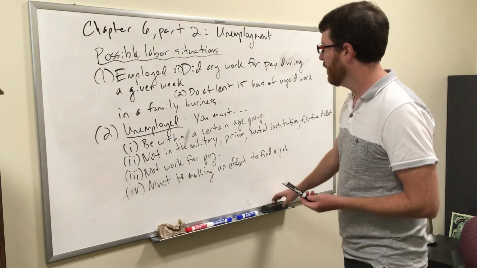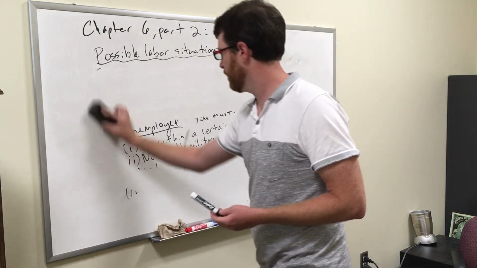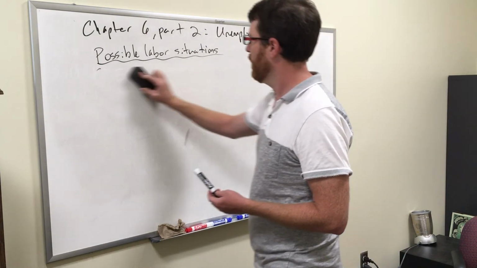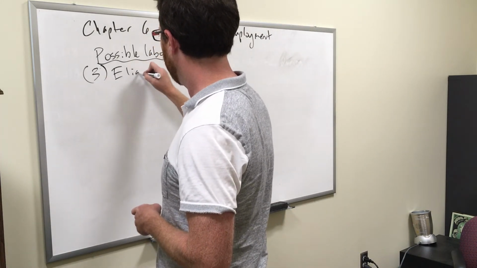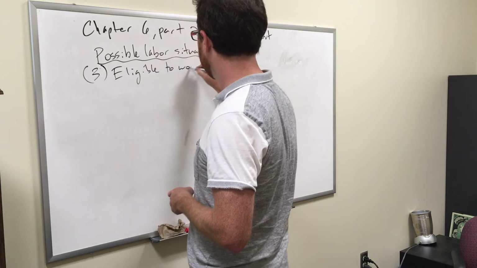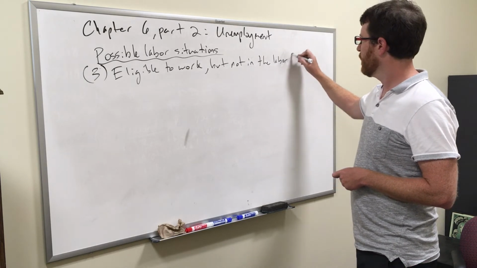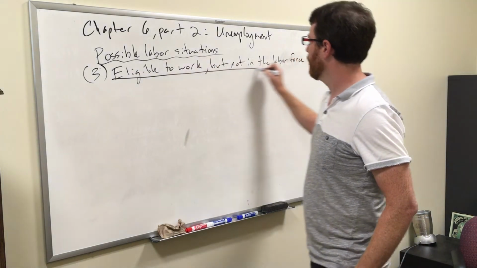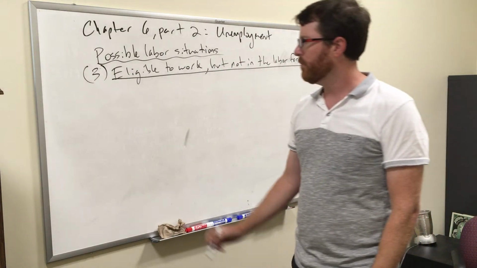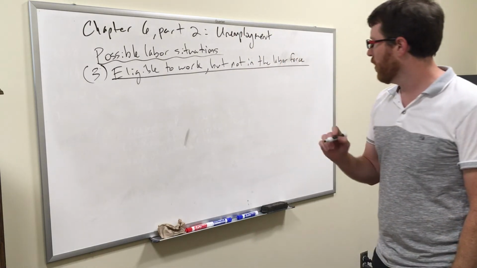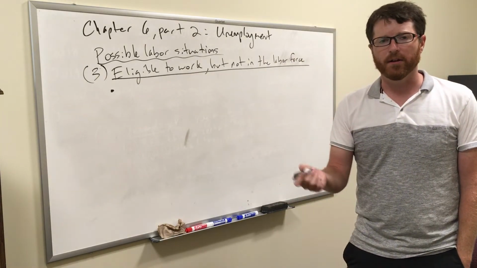So you can be employed, you can be unemployed, you can be eligible to work, but not in the labor force. This doesn't really have a good term to it, okay? So this is kind of just describing the concept. But basically, if you're eligible to work, but not in the labor force, that means you fit the criteria to be considered eligible to work.